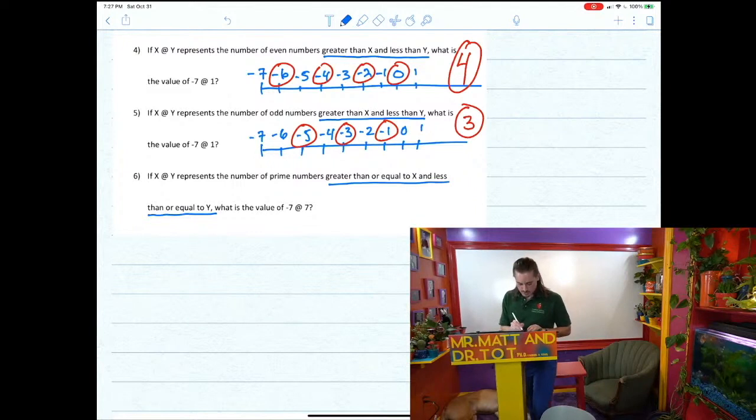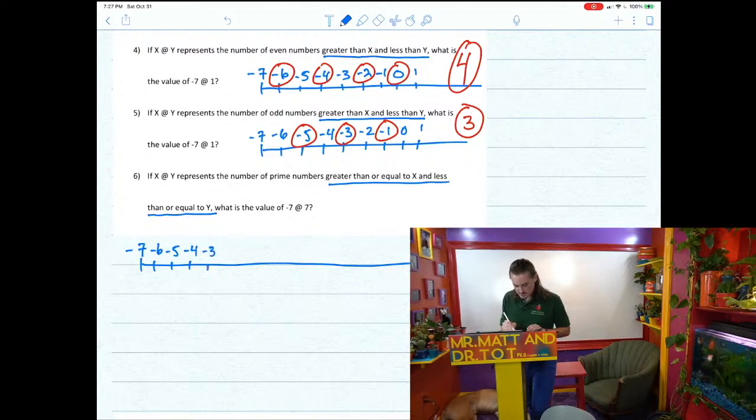So first start with a number line. We're going to go from -7 all the way up to +7. So we're going to have -6, -5, -4, -3, -2, -1, 0, +1, +2, +3, +4, +5, +6, and finally +7.